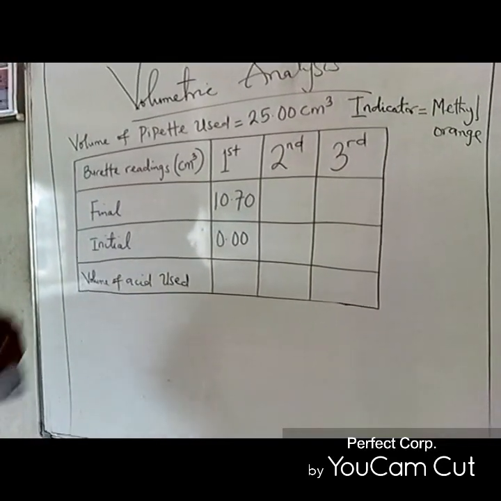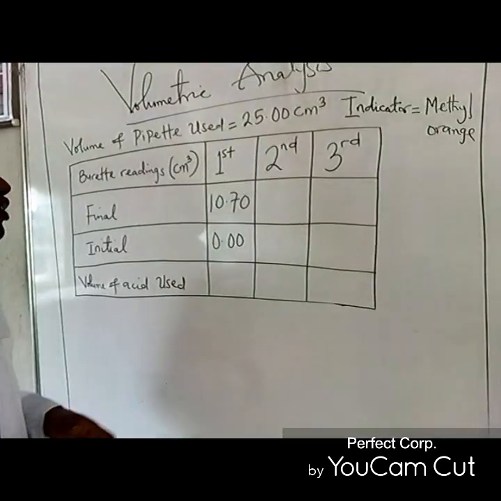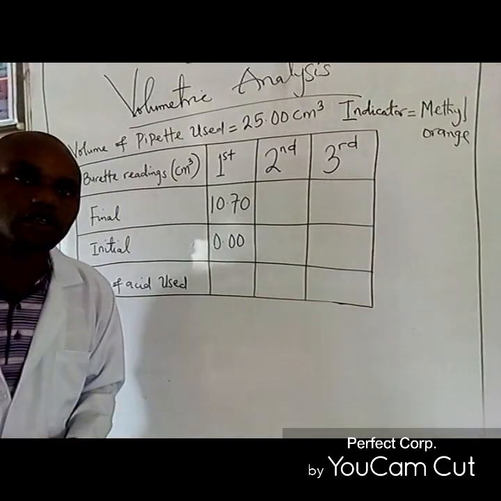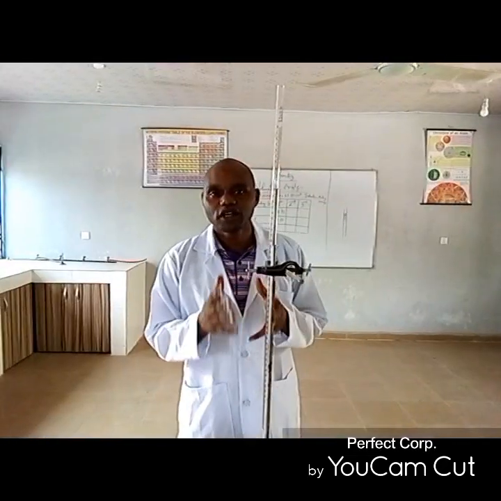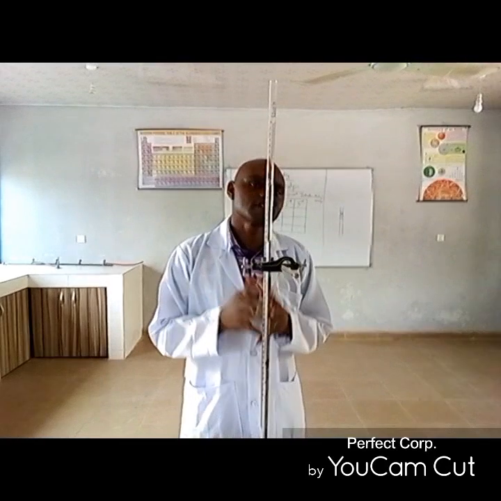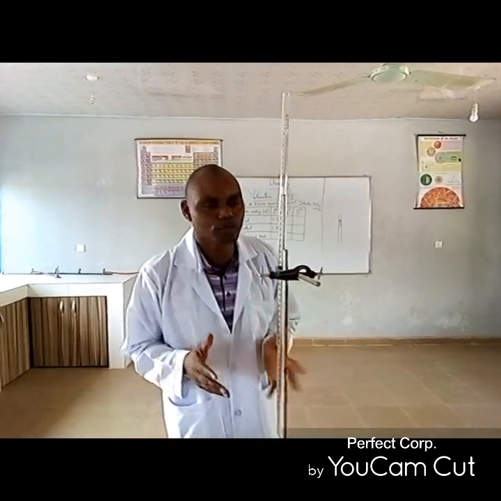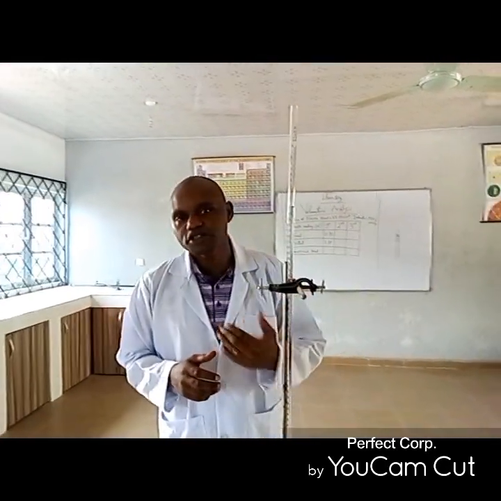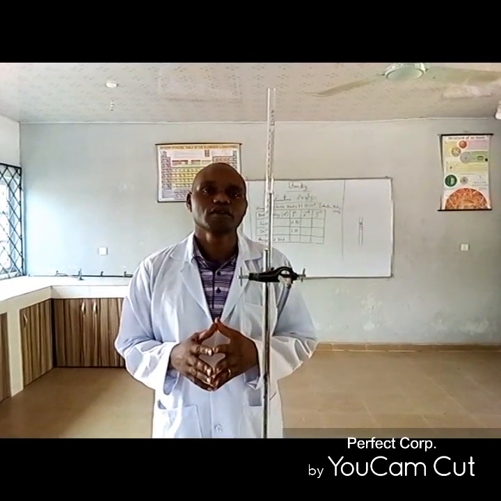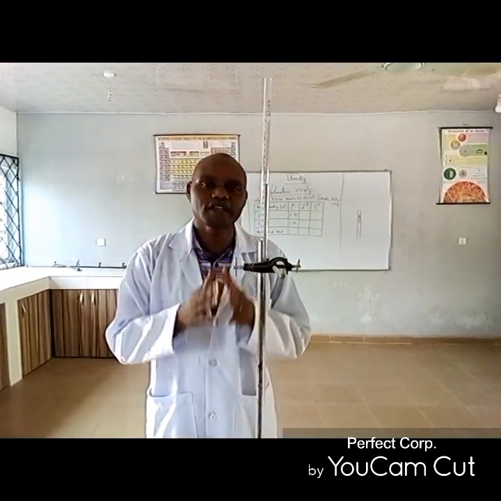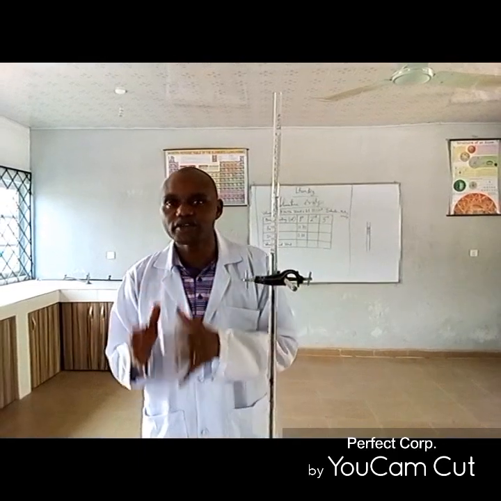Now we are proceeding to the next titre values. Now let's go back to the setup. Okay, now for the second titre value, or simply put, for the second titration, what am I going to use for my second initial reading?